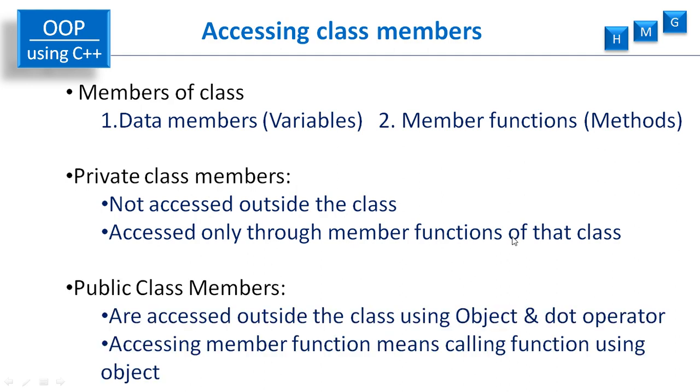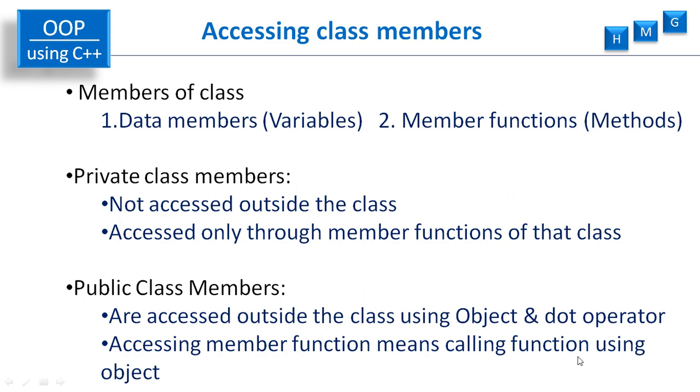Public class members. As they are public, they are publicly available outside the class, and are accessed using the object and dot operator. So these public class members are accessed outside the class using the object and dot operator. Accessing a member function means calling the function using the object.